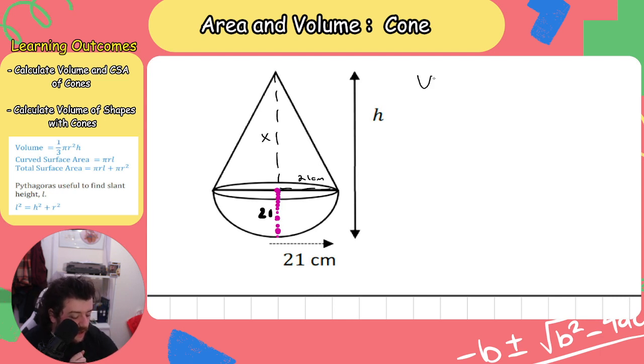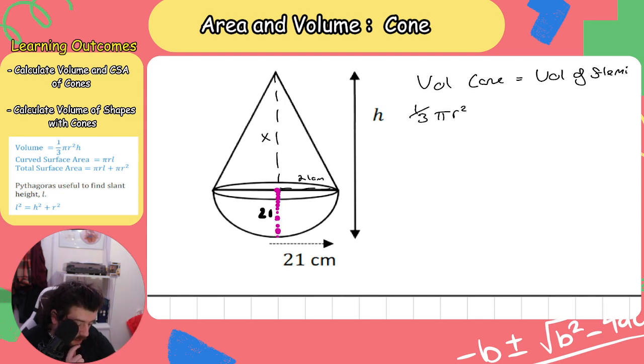So what's given in the question: the volume of the cone is equal to the volume of the hemisphere.